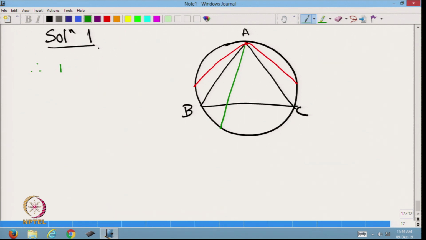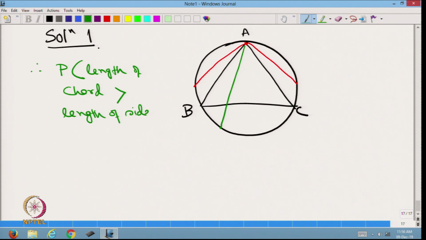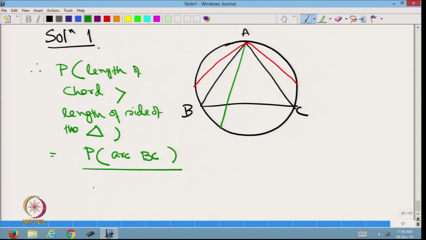Therefore, probability that the length of the chord is greater than the length of the side of the triangle is equal to the probability measure of the arc BC over the measure of the circumference of the circle.